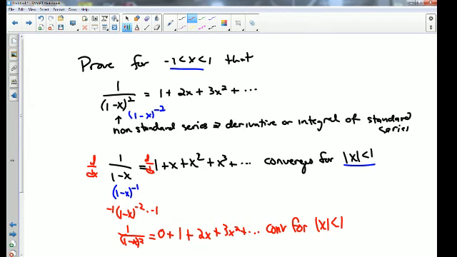And we can do this with any number of series. The trick there again is to see and know that it's not a standard series. You could probably obtain it from a derivative or an integral of another. Okay. Good?